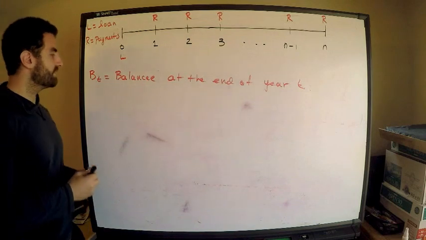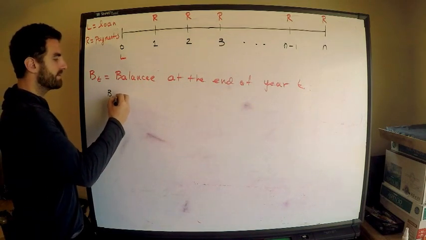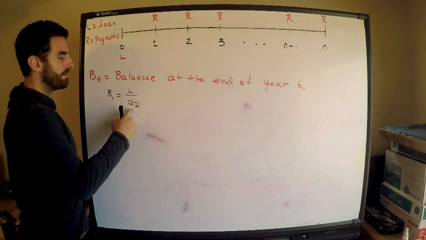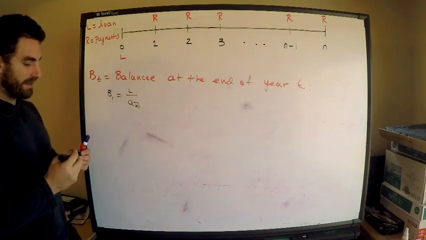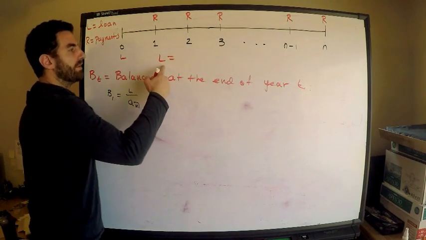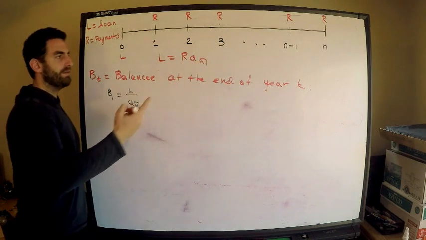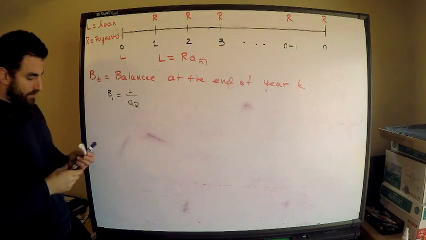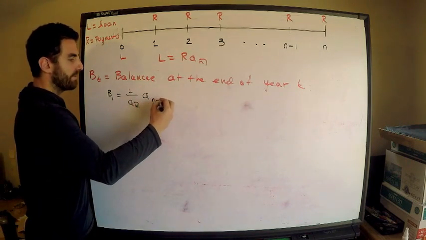Let's remember that B1, the balance after year 1, was L over A angle N, A angle N minus 1. Remember, this is just my payment R. Let me write that down real quick again. Remember, L, the loan itself, is equal to R A angle N. So I'm not doing anything crazy here. This is R. Just divide both sides by A angle N. And as we derived a moment ago, this is A angle N minus 1.